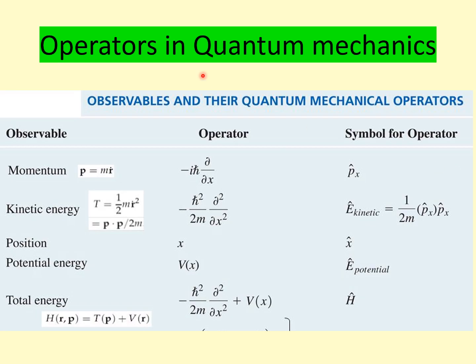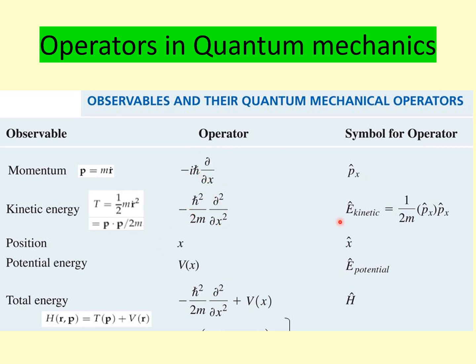So here are some important operators in quantum mechanics. Suppose the momentum operator, denoted by px with a cap, equals minus i ħ ∂/∂x. So this is the momentum operator.